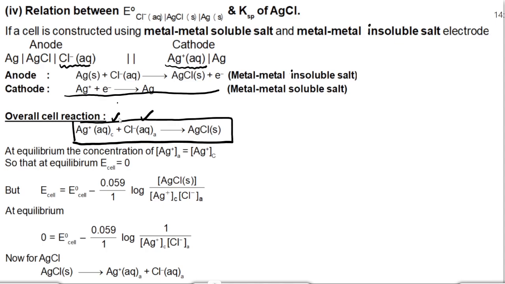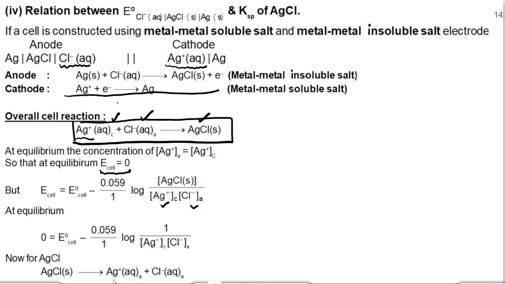So at equilibrium, Ag plus ion concentration at cathode as well as at anode should be equal. And you know, at equilibrium E cell is also 0. So E cell equals E naught cell minus 0.059 upon n log of AgCl solid divided by Ag plus concentration at cathode times Cl negative ion concentration at anode, and n is 1 here.